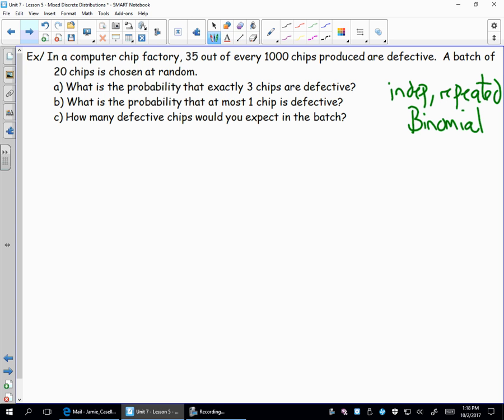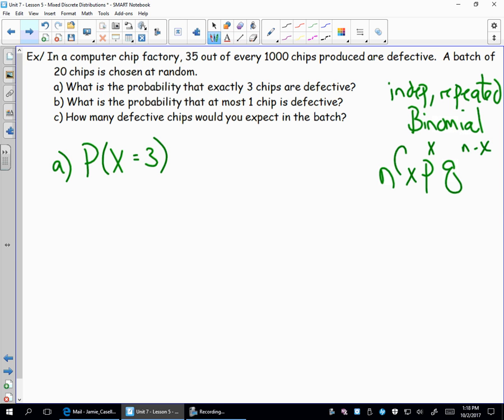Let's see what the questions are asking us. What is the probability that exactly 3 chips are defective? So we're looking for x is 3. Our formula, as you might recall, is n choose x, p to the x, q to the n minus x. In our case, there are 20 chips chosen at random, and I want to find 3 chips that are defective. My probability of defective is 35 out of every 1,000, or in other words, 0.035.